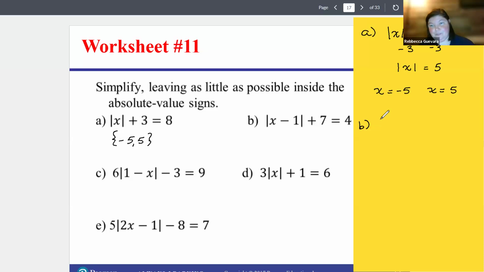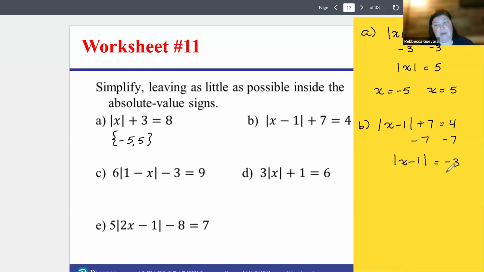For B, we have absolute value of x minus 1 plus 7 is equal to 4. So I need to isolate that absolute value part again. I'm going to subtract 7 from both sides, and I'm going to have absolute value of x minus 1 is equal to -3.